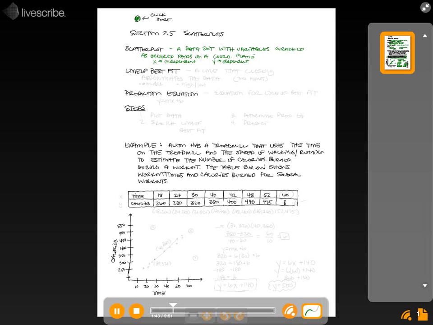Okay, the second vocab word is a line of best fit, and it is a line that closely approximates the data.